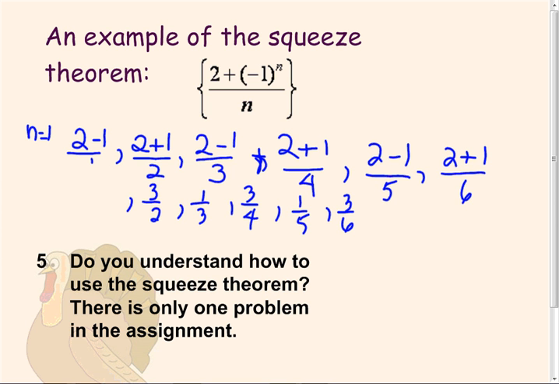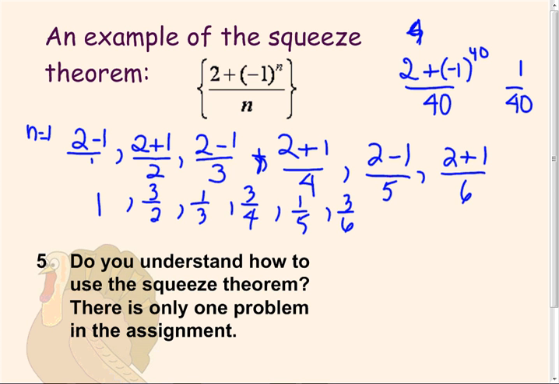So what's it trapped between? Is it trapped between 0 and, so what if we took 40? So 40 itself will be 2 plus a negative 1 to the 40th over 40. So what's that going to give you? That's 1/40th.